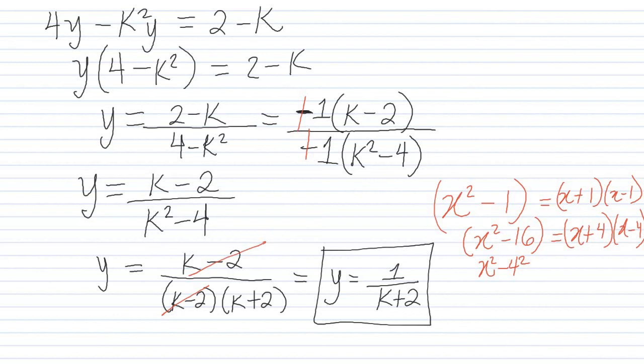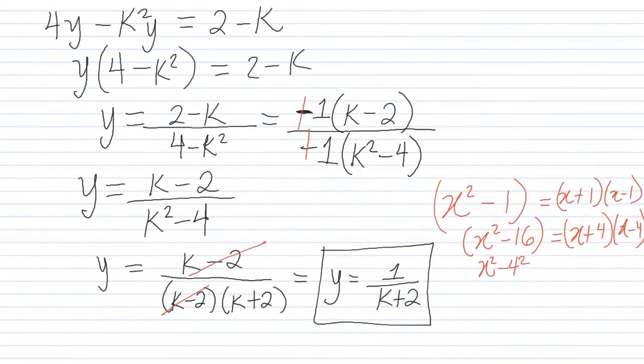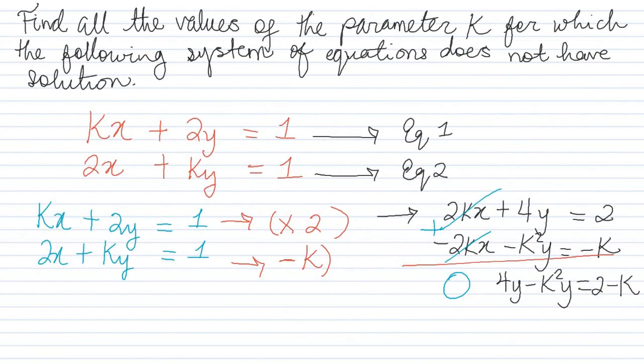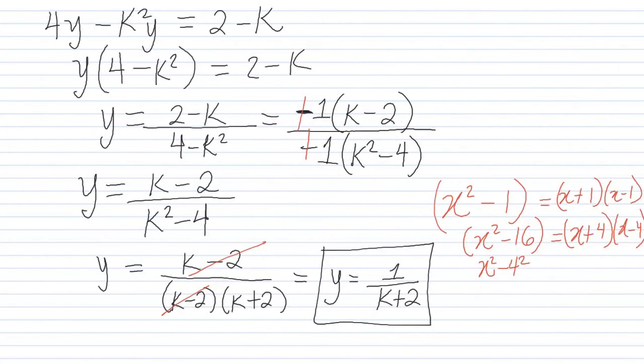But we're not solving for y, right? We're solving for the values of k when the system of equations has no solution. So we want to see a point where equation 1 and equation 2 have no solution. We solved for y, we know that it's 1 over k plus 2.